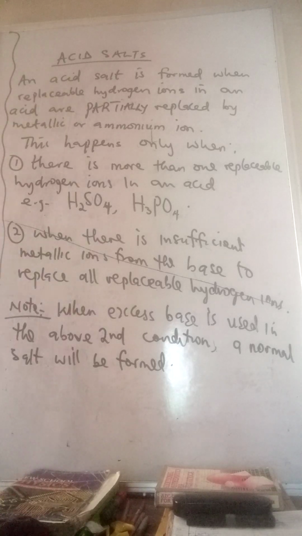The meaning of partially is that it is not all the replaceable hydrogen ions that will be replaced by metallic or ammonium ions. That means some of the replaceable hydrogen ions will still remain in the acid. They will not be completely replaced, and that is what results in acid salt.